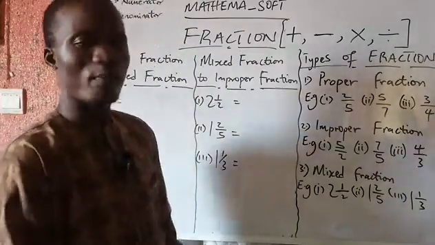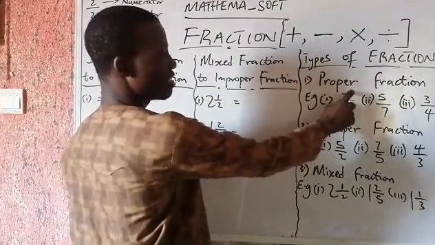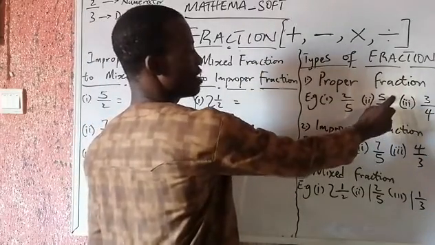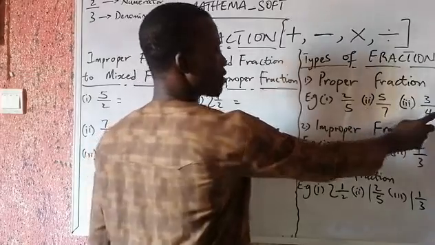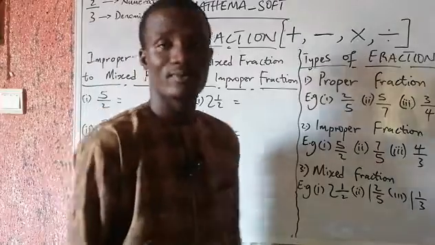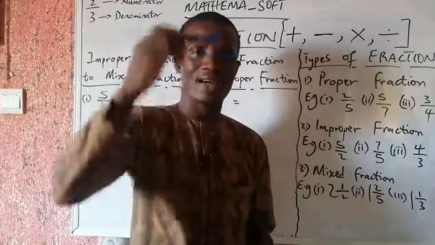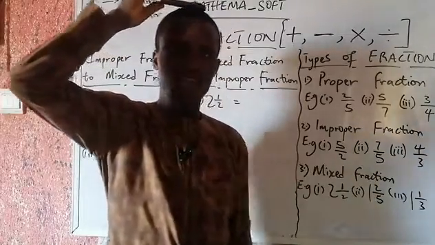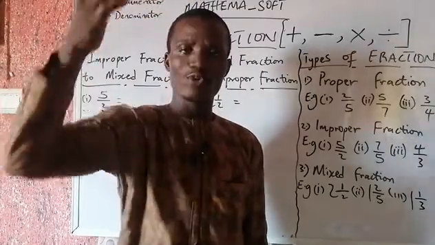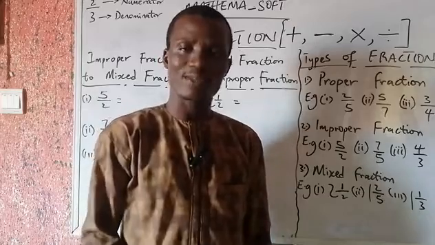And that is why we call it proper fraction, because it is proper for something bigger to carry something smaller. It is proper for me to put this marker on my head because I can support the weight of this marker, but it is improper for you to put this marker under my feet so that it may support my weight.